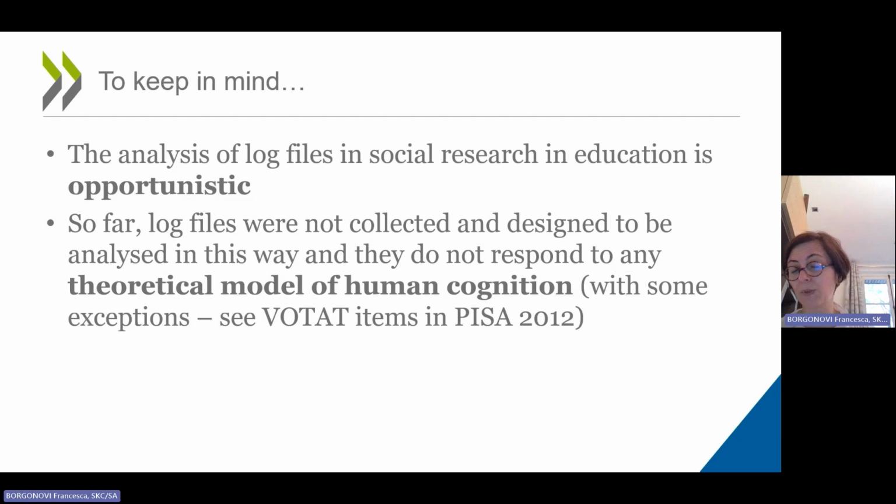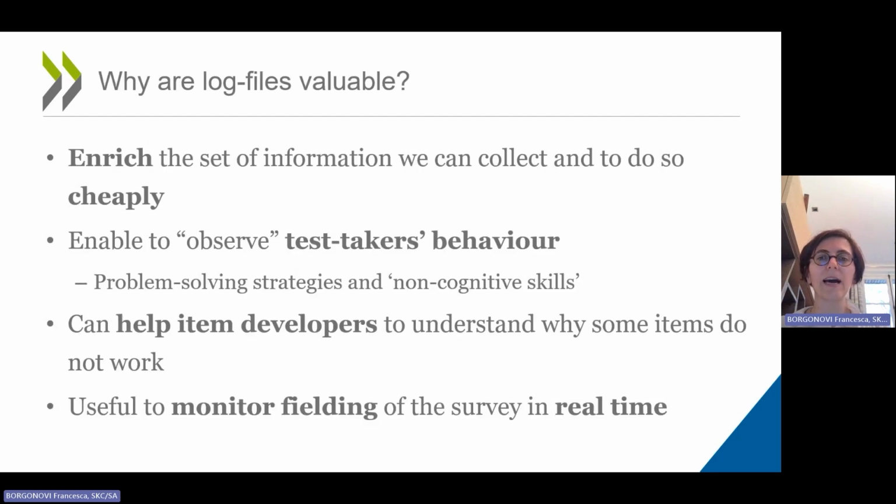There are some exceptions, in particular the PISA 2012 problem-solving assessment, for which there were strategies designed to see if students try to vary one thing at a time to provide answers.